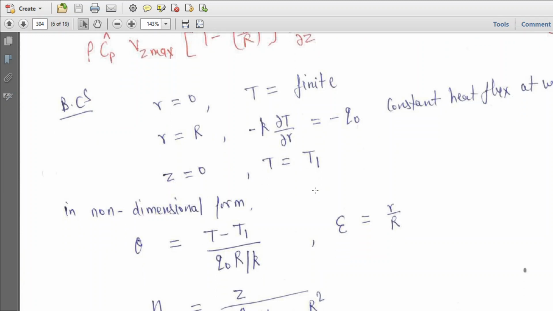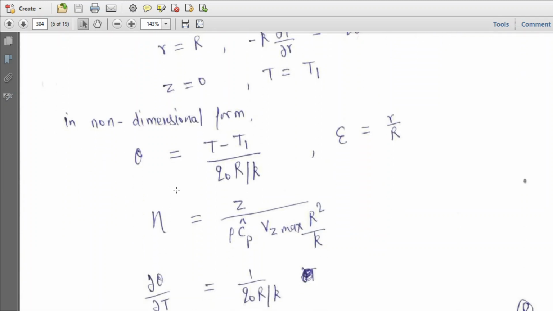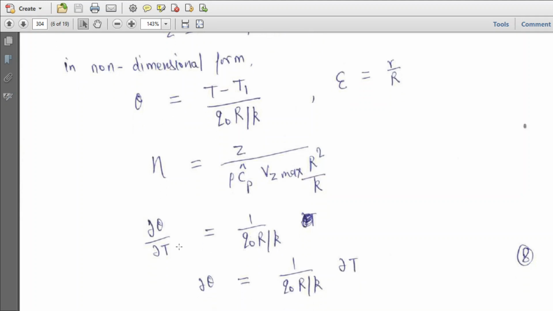Now we can non-dimensionalize the temperature. So theta equals (T minus T1) divided by Q naught R upon K. The non-dimensional radius epsilon is considered as r upon capital R. The non-dimensional distance is considered as eta equal to Z rho Cp Vz max R square upon K. Now we can differentiate this.